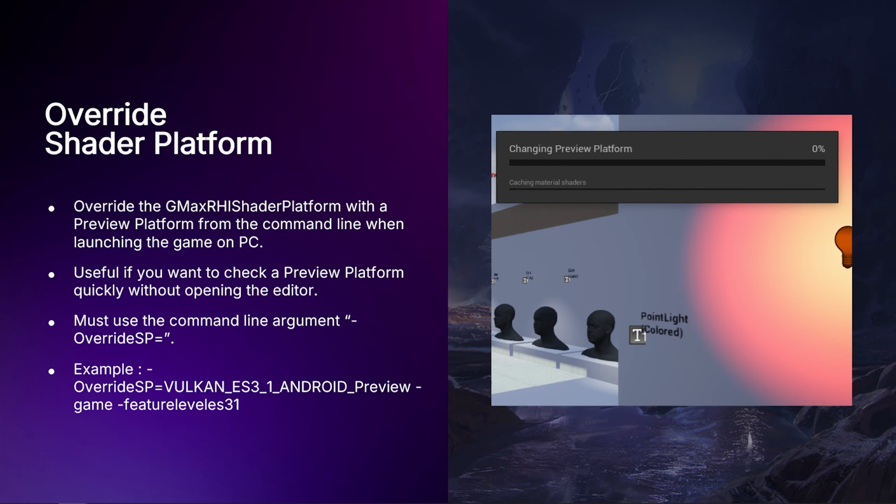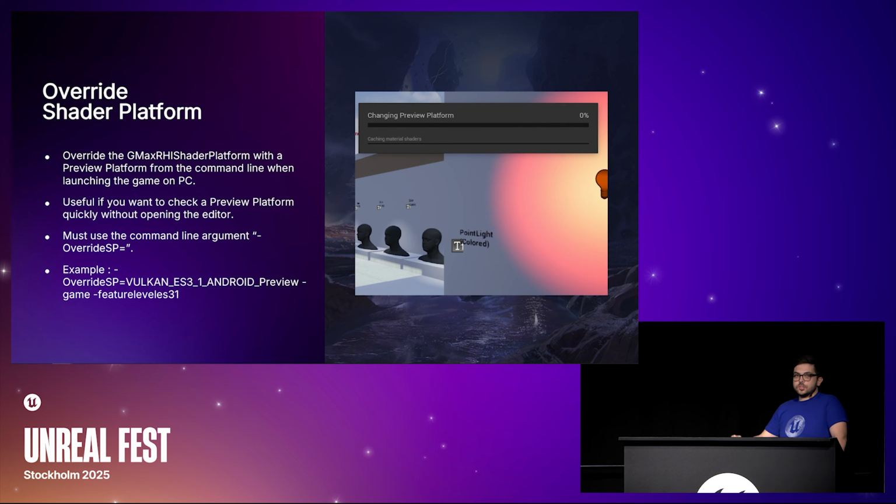And the more niche feature is the override SP command line argument. This is for people that don't want to enter the editor. If you know the preview platform name, you can just set it up like I did in the last bullet point in the example with -game, -feature level, ES31.